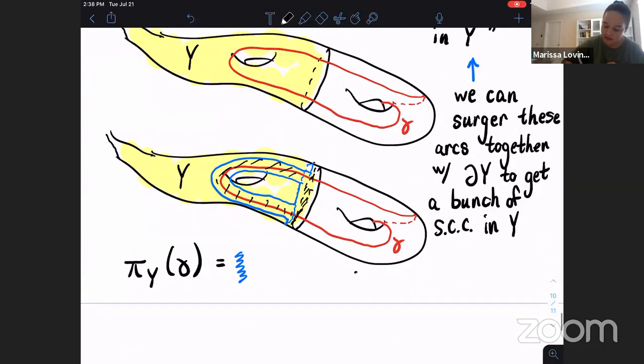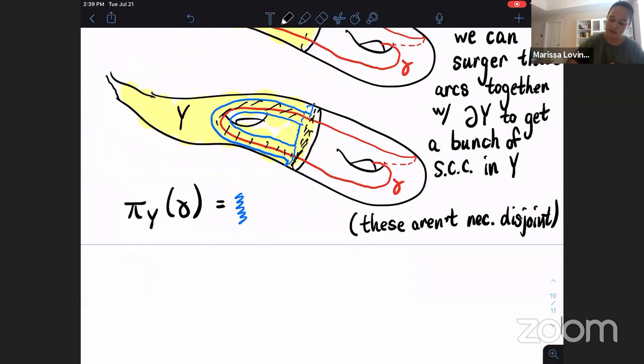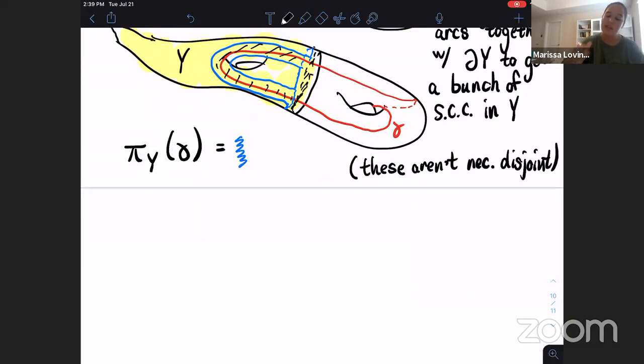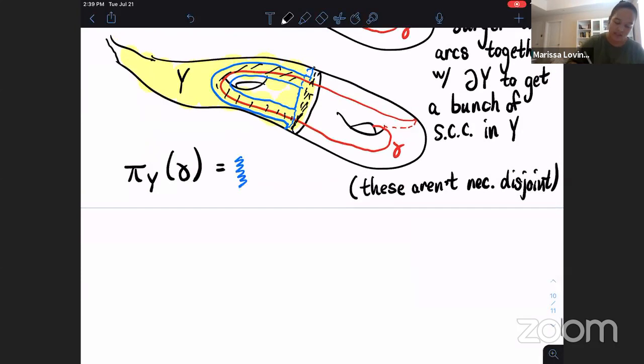One caveat here is these aren't necessarily disjoint. But if you think of this as a set in the curve graph of Y, it has diameter at most 2. So it's not necessarily disjoint, but it gives you this bounded diameter set.